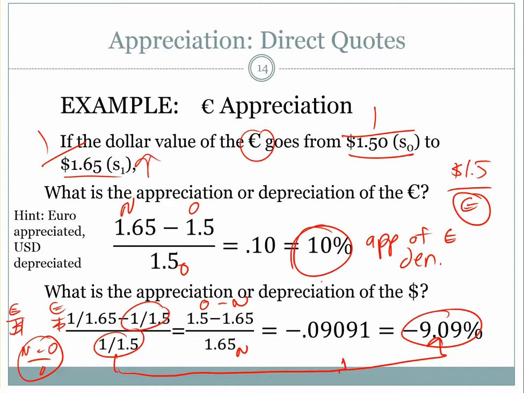So if this were to happen, Americans would observe that Parisian hotels are 10% more expensive. But Parisians would notice that New York City hotels are 9% cheaper. So although it's a good approximation, you can't just flip the sign if you're looking for a precise change in the dollar price of a good or the euro price of a good.